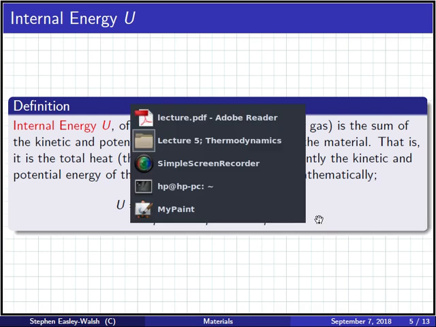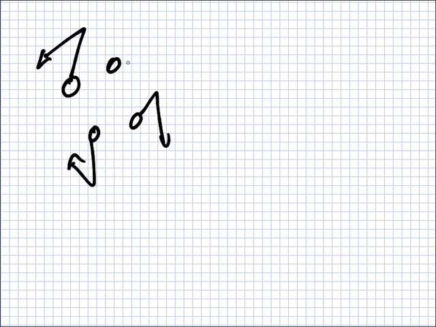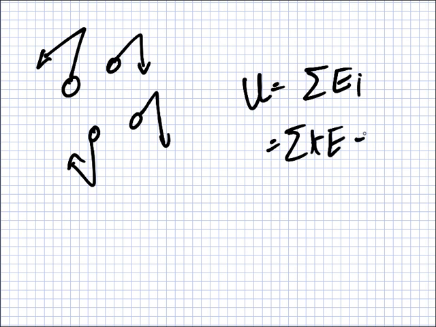So if you had something like this, sigma, you know this one, yeah. So if you have these here and they're moving around, they all have kinetic energy and they all have potential energy. So U is the total energy, which is all the kinetics plus all the potentials.